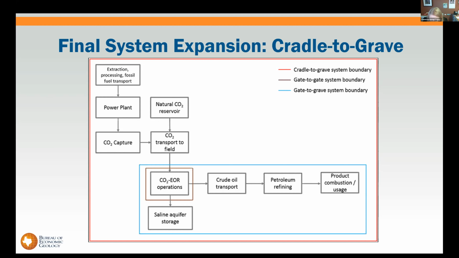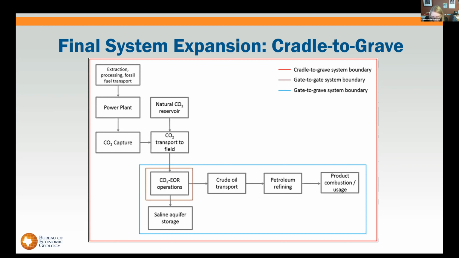In this study, we assessed the impact of two different anthropogenic sources. We included a pulverized coal-fired power plant, a PC, and a natural gas combined cycle power plant, both with enough capacity to supply all the new CO2 required for a CO2-EOR site. We used just amine absorbers to capture the CO2 in this case.